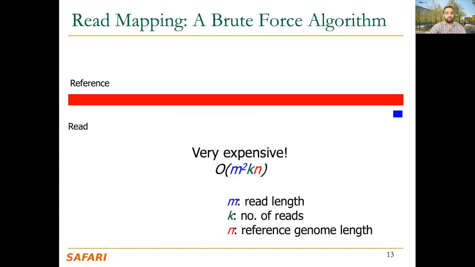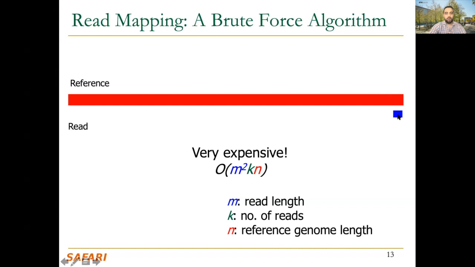For example, we require an exact location match between the read and the reference genome. And once we have this exact match between the read and the reference genome, then we do the further alignment, or checking the similarity between the two pieces.